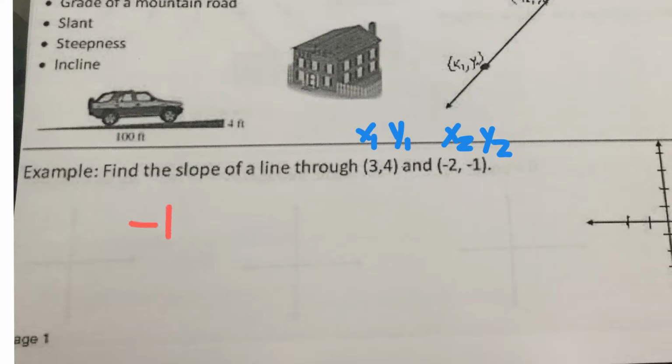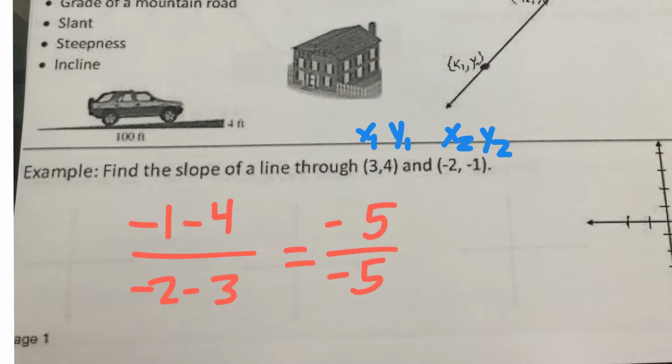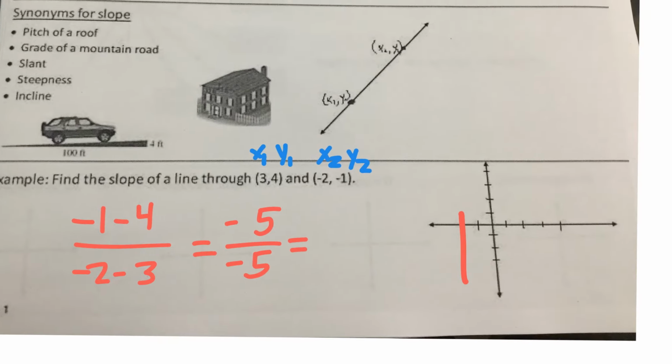Substituting in, I've got y2 minus y1 over x2 minus x1, which is -5 over -5, which is 1. Okay, so that's using the slope formula.